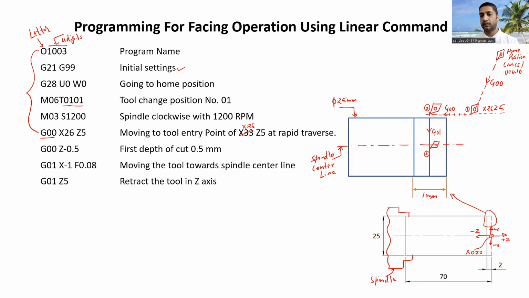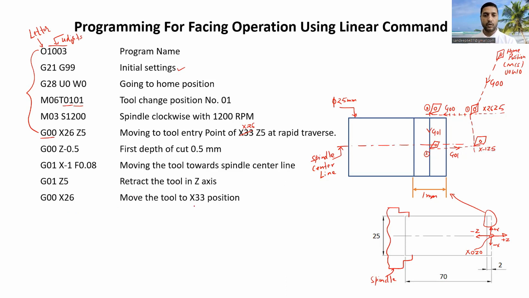Since the cutting tool is in contact with the workpiece, we will move back with linear interpolation and reach location Z5. If I extend the Z5 line, this will be the location of our cutting tool, X-1 and Z5. I hope you're getting it.